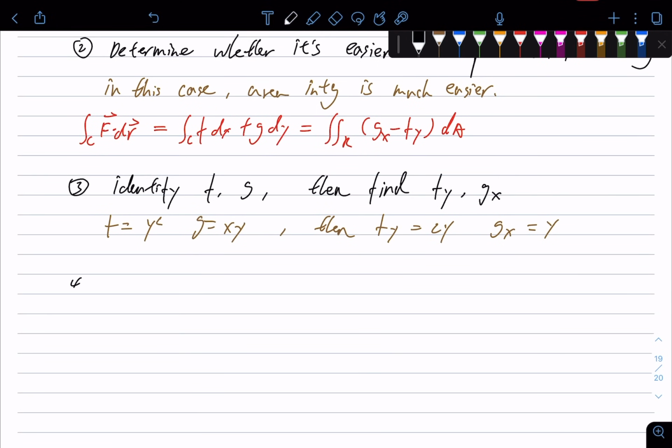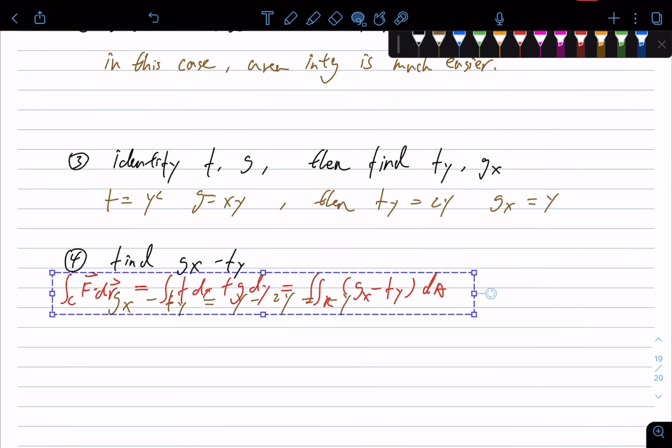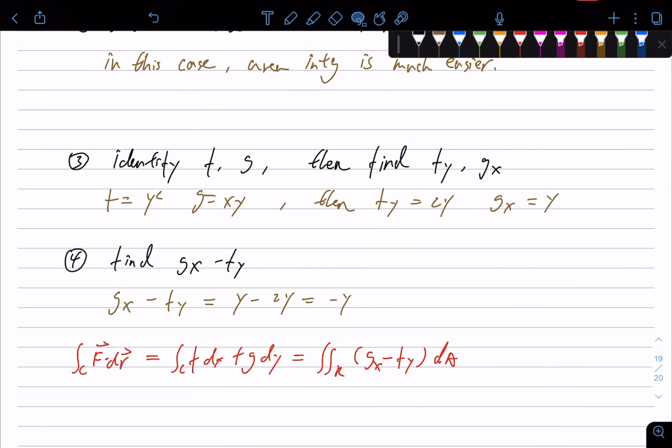All right, step 4, we're going to find g_x minus f_y. So g_x minus f_y equals y minus 2y, which gives you negative y. Finally, we're going to use Green's theorem in circulation form.